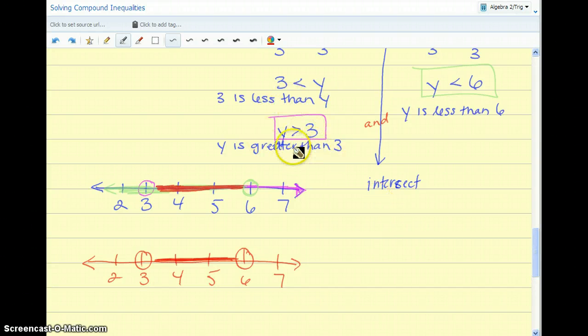So notice that we said y is greater than 3. That can also be written as 3 is less than y is less than 6. This is putting those two statements back together, making it into one complete graph.